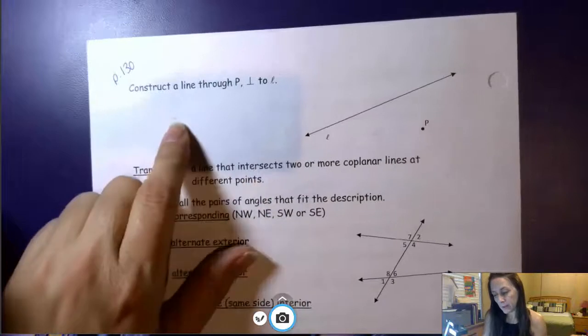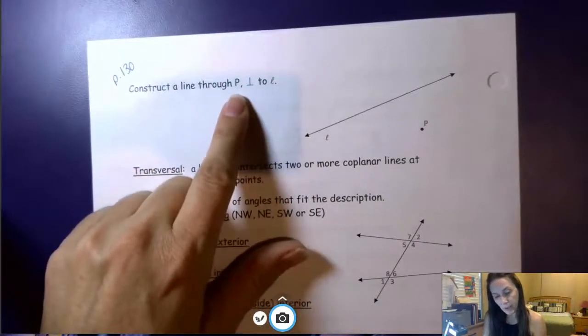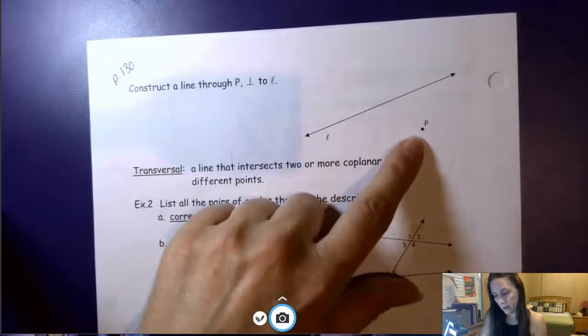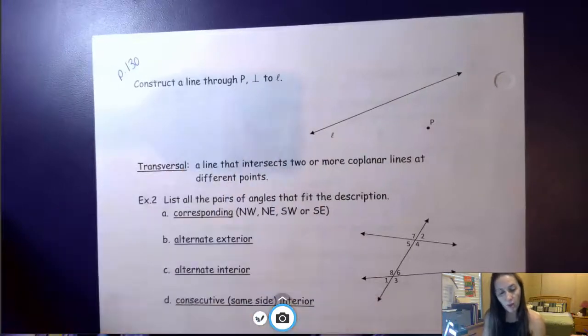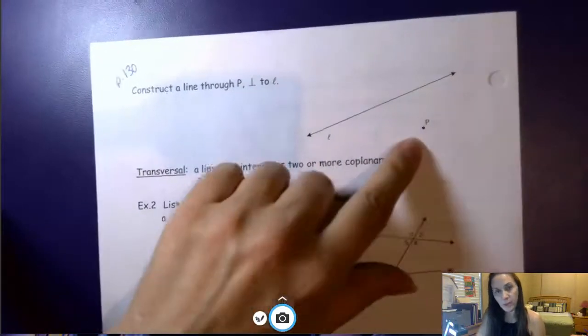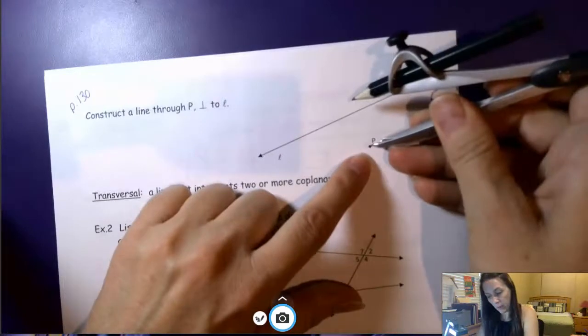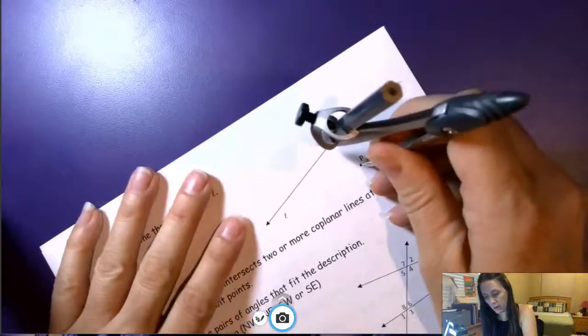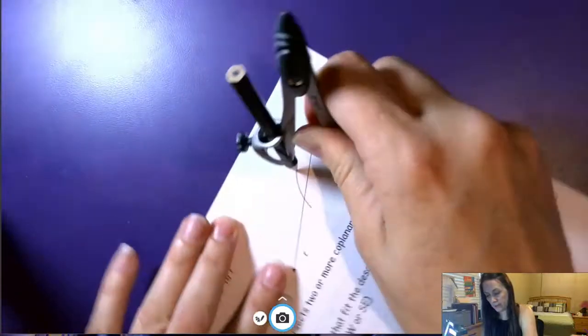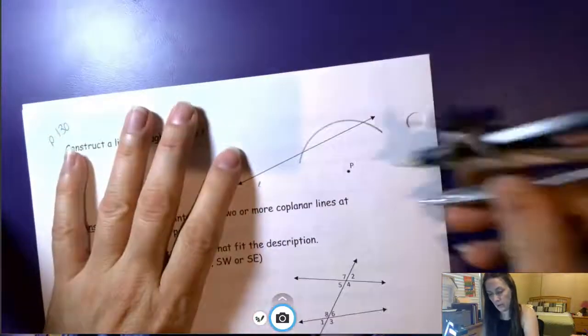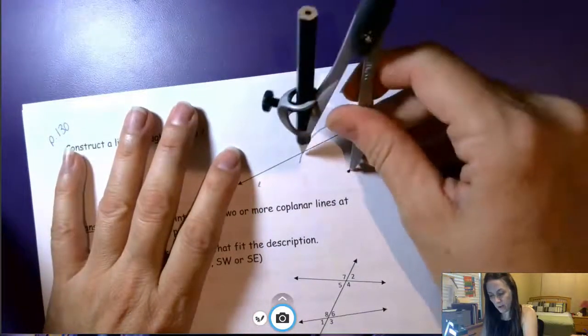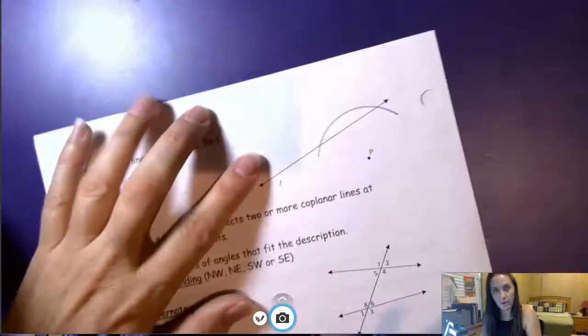All right, so if I want to construct a line that is through P, P's down here, and perpendicular to L, what I'm going to do is put my point on P, and I'm going to make a little half circle mark and intersect the line in 2 spots. So this distance from here to here is the same as this distance from here to here.